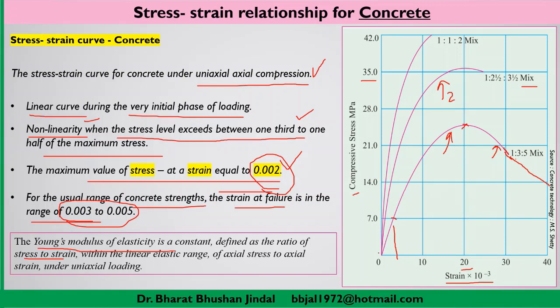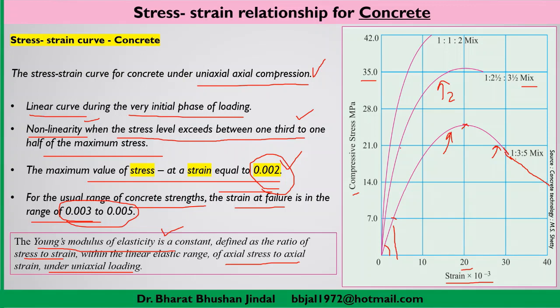So if this is the elastic range, within that elastic range, it is the ratio of axial stress to axial strain under uniaxial loading. When you have to calculate the Young modulus of elasticity, you can just take the tangent value of this, and accordingly you will get the Young modulus of elasticity.